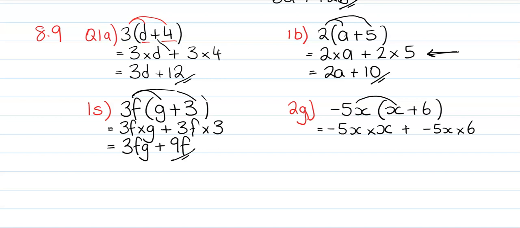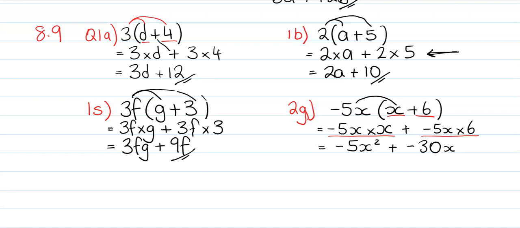Okay, so if we've got 2 terms in the brackets, we should end up with 2 terms when we finish. Okay, so let's try it. Negative 5x times x is negative 5x squared, plus negative 5x times 6 would be negative 30x.